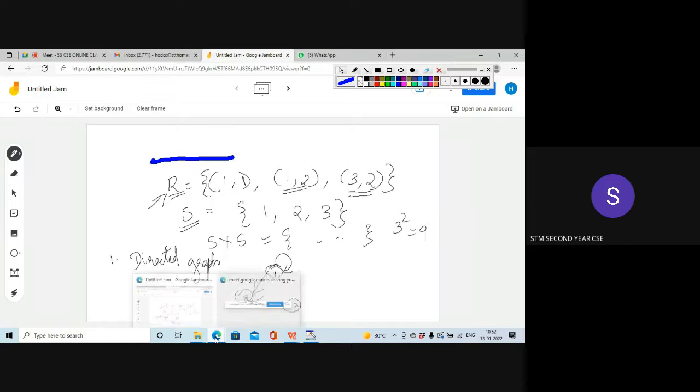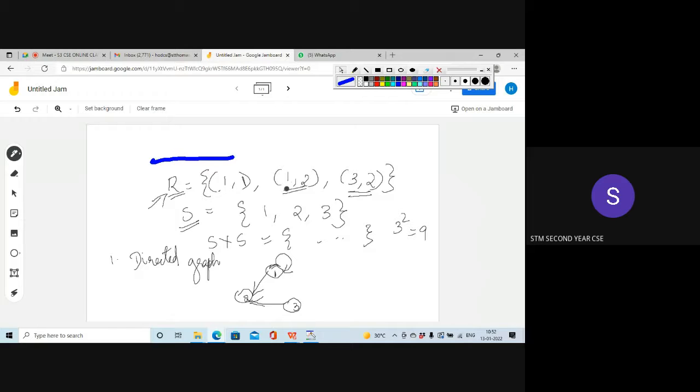So if you're given a set S and a relation defined on S, then to represent the relation graphically, the first method is using a directed graph. First look at the given set S, which has 3 elements. Each element of the set becomes a node in the directed graph, that is 1, 2, 3.